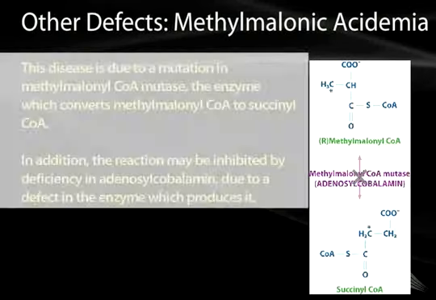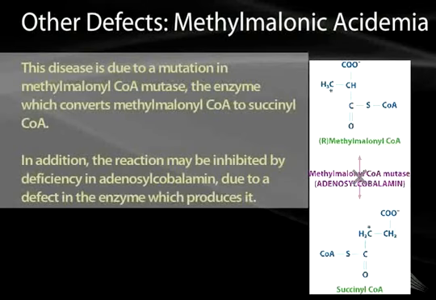One other disease is methylmalonic acidemia. This disease is due to a mutation in methylmalonyl-CoA mutase. This is the enzyme responsible for converting methylmalonyl-CoA to succinyl-CoA in the branched-chain amino acid degradation pathway. This is, remember, the one that requires vitamin B12. So this reaction may also be inhibited by a deficiency in vitamin B12 due to a defect in the enzyme which produces the particular adenosylcobalamin.